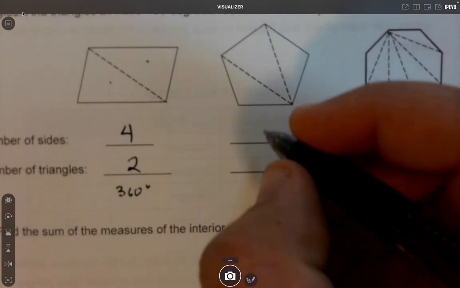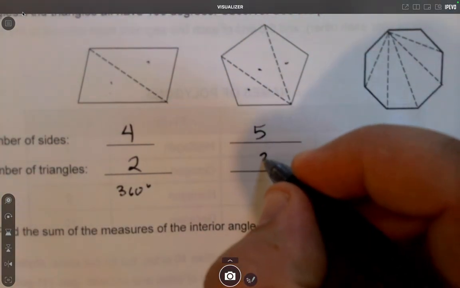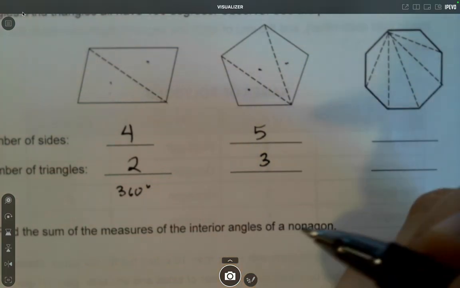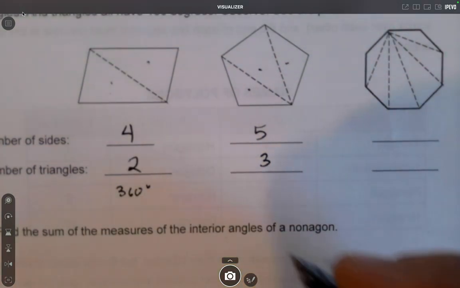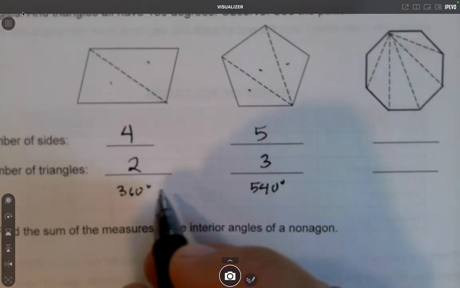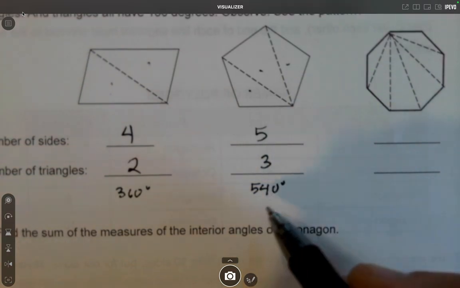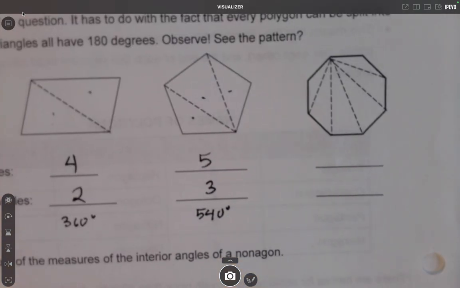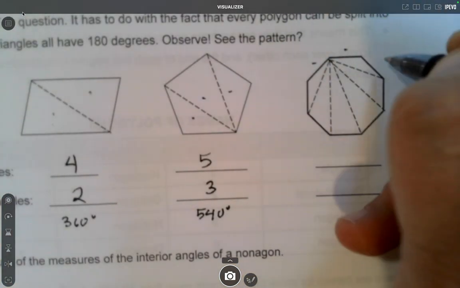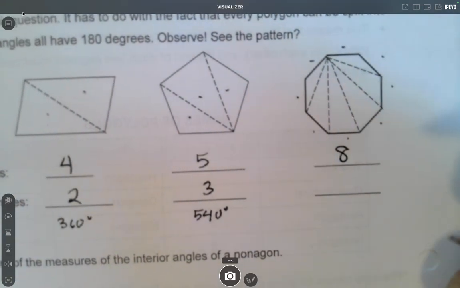With the pentagon, there's 5 sides. There's 1, 2, 3 triangles. Each triangle has 180, and 3 times 180 is 540. I know they didn't ask for these degrees, but I'm just trying to illustrate how the number of triangles relates to that. And this is 1, 2, 3, 4, 5, 6, 7, 8. It's an octagon, so 8 sides.